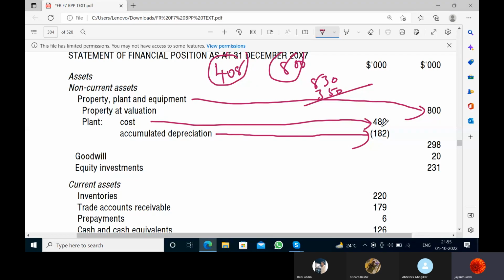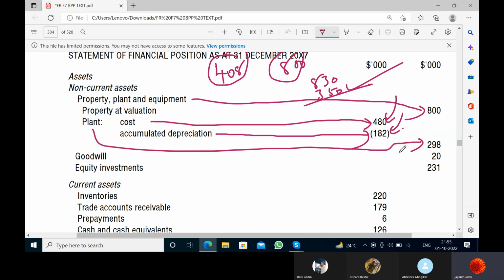You have removed the asset and you have also removed its depreciation. So this is the leftover plant and this is the current amount in the accumulated depreciation account. When you deduct this, you get the plant value 298. This is the carrying amount. Now this is very clear.